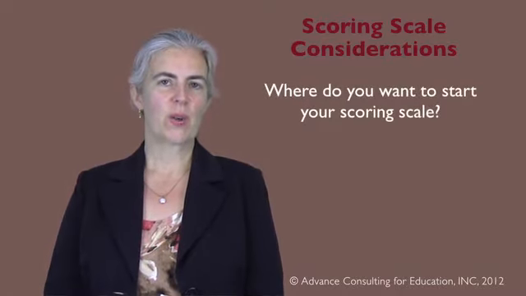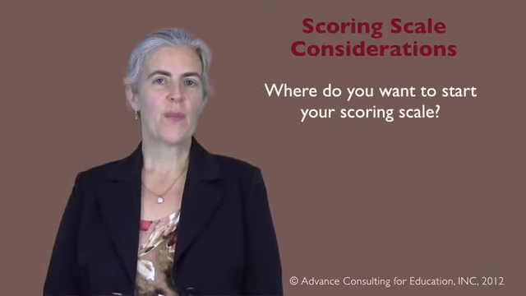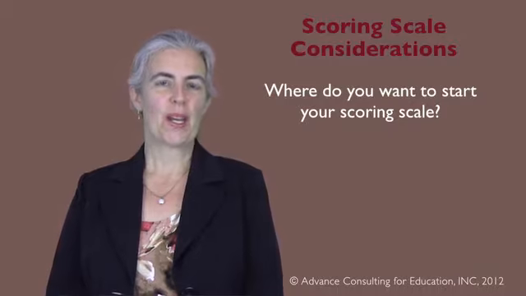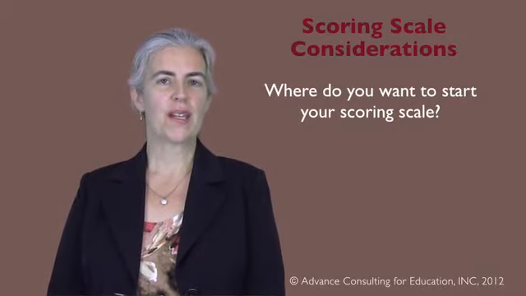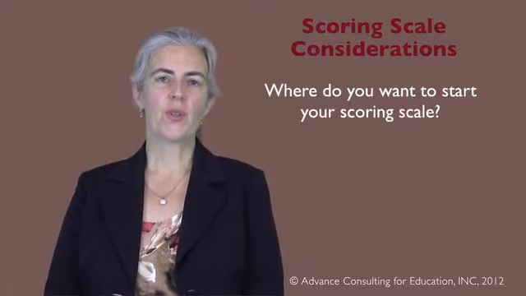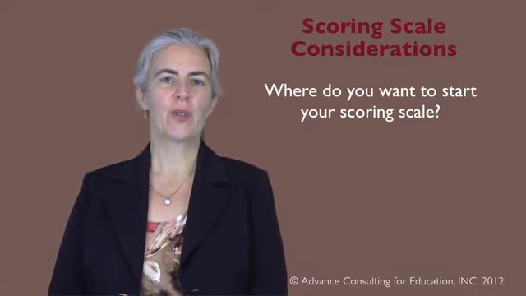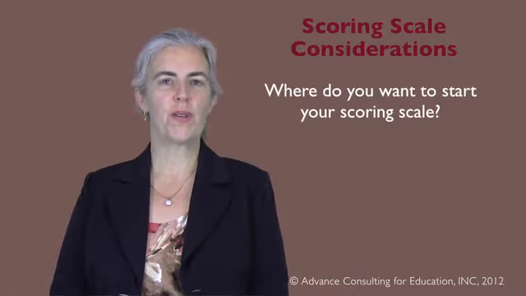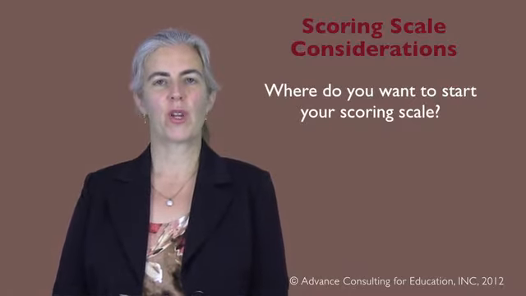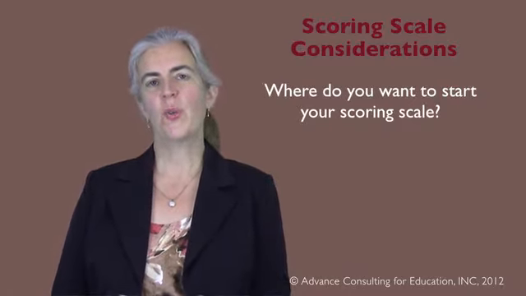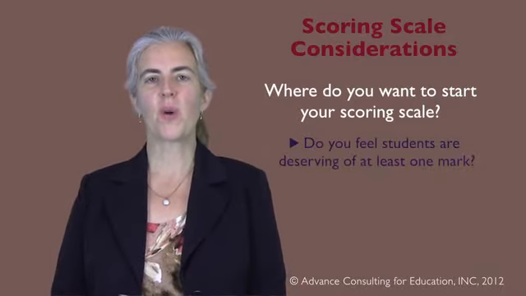Where you start the scoring scale is important. Perhaps you start at 0, and that would be a grade that you would assign to students who have zero production. But perhaps you want to recognize that students who even put a few words down, even if they don't get to write an essay or a structured essay, are deserving of at least 1 mark.